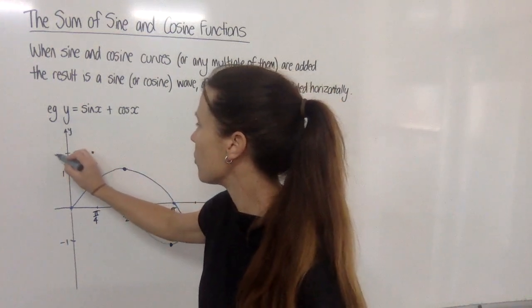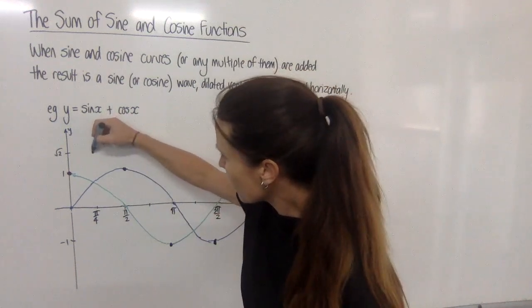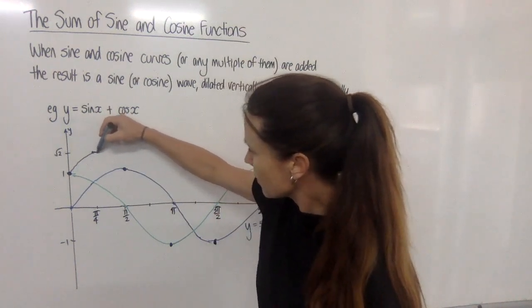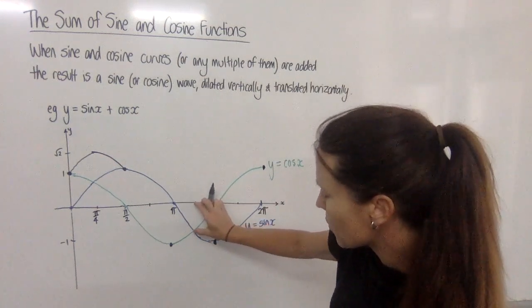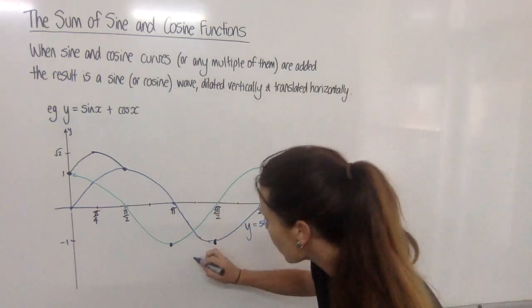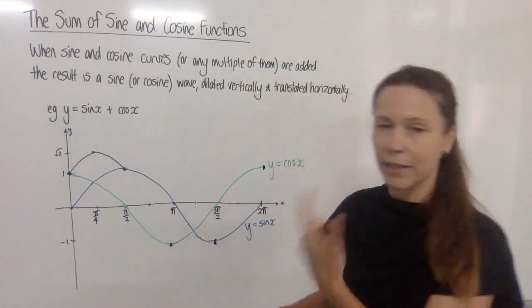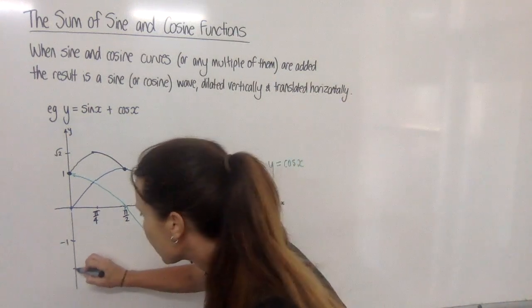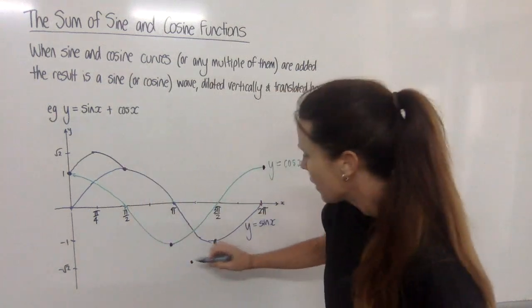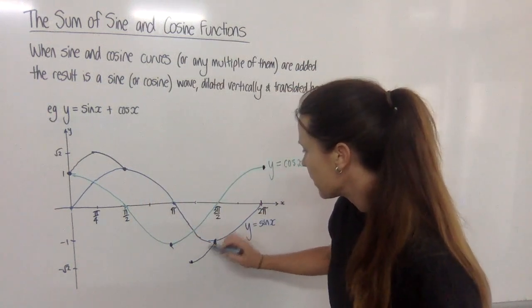And this will be root 2. And so I've got my curve coming up through here and then down. And similarly down here where I've got minus 1 over root 2 and minus 1 over root 2, I'm going to get minus root 2, something around about down here. And my curve's doing something like this.